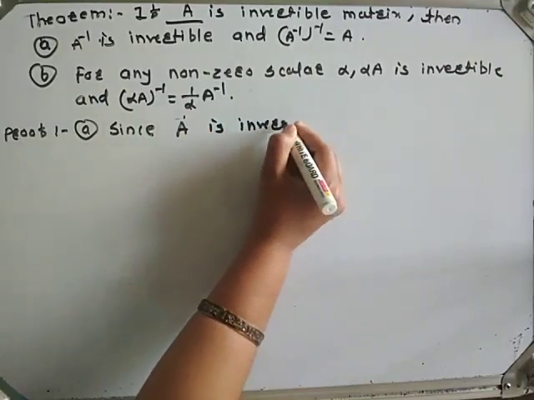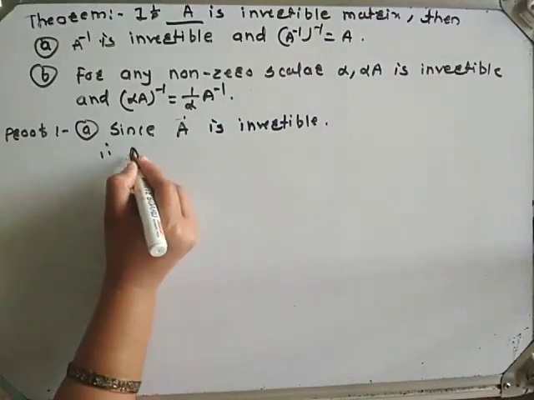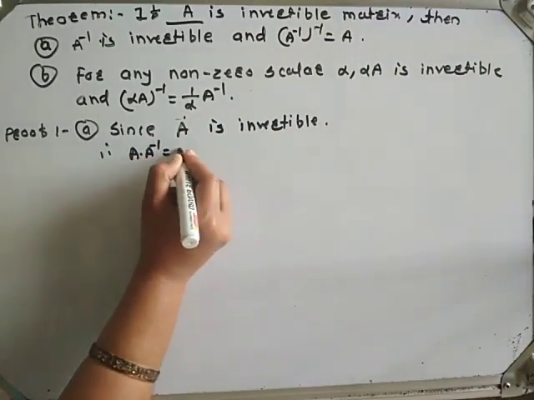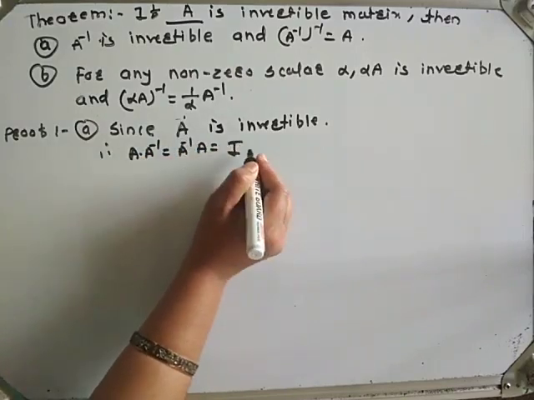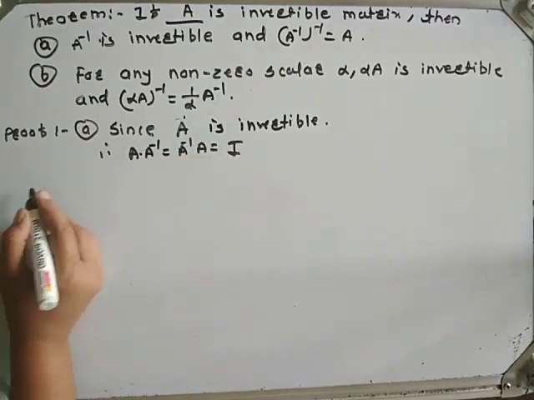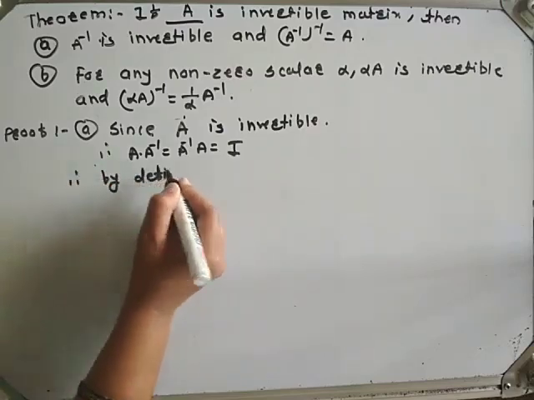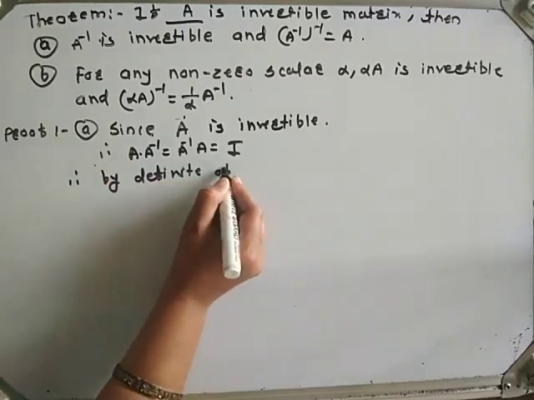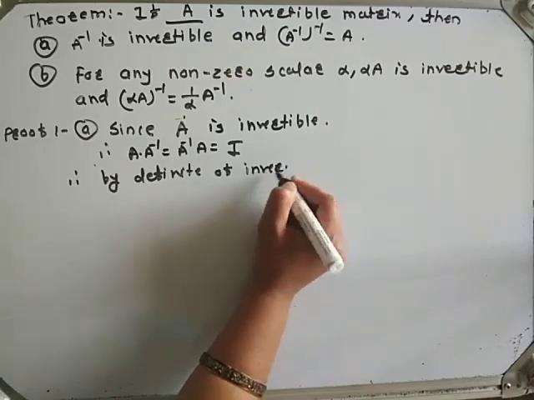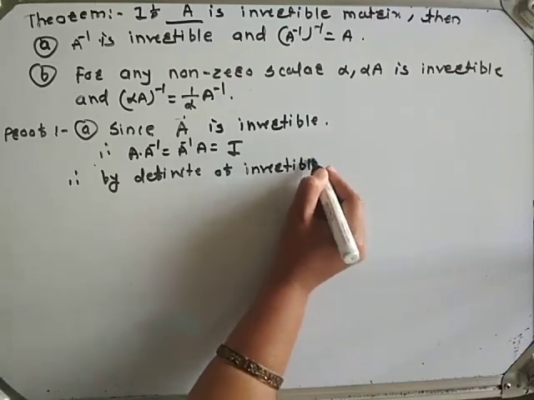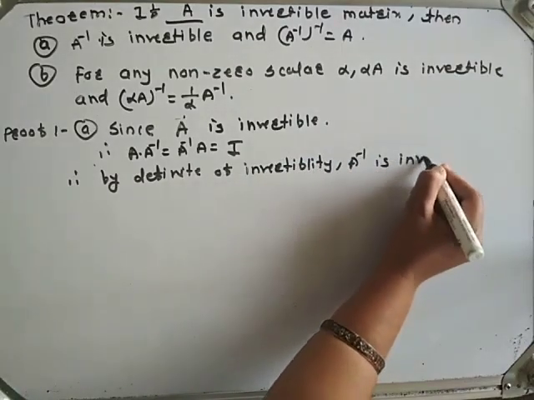A is invertible means A into A inverse is equal to A inverse into A, which is equal to I. Therefore, by definition of invertibility, A inverse is invertible.